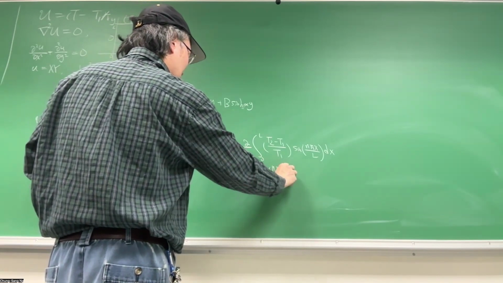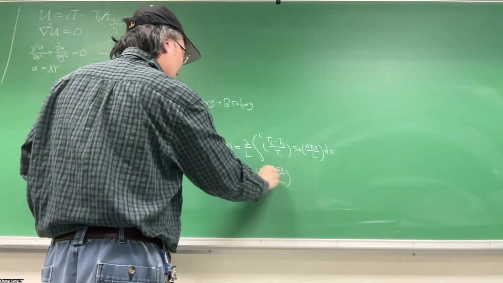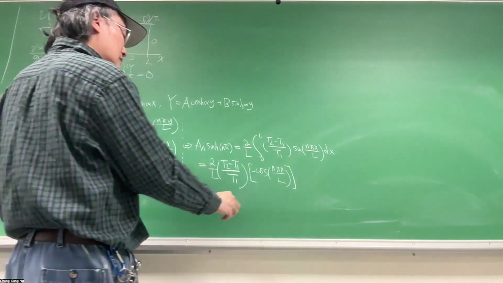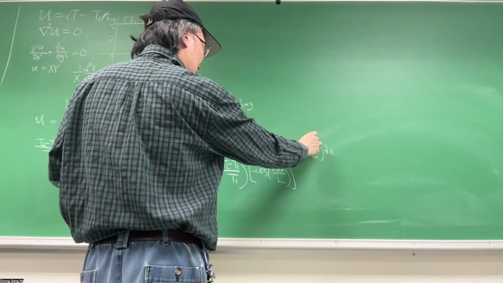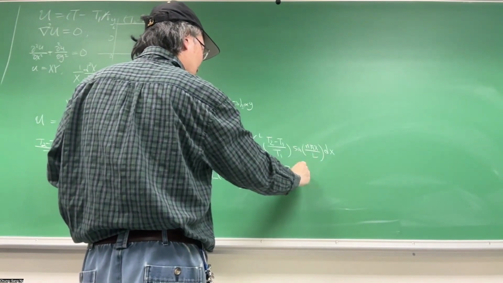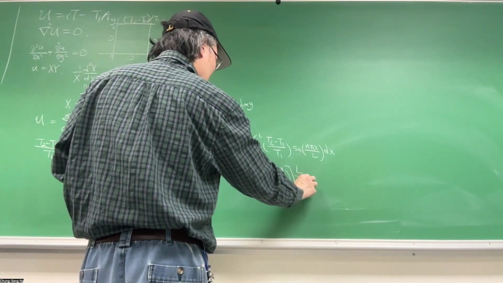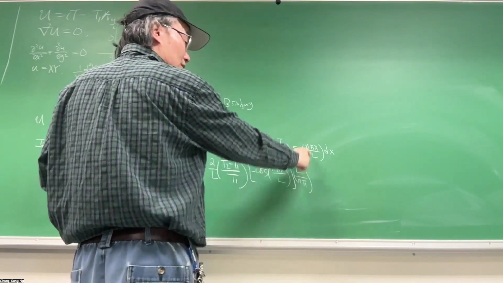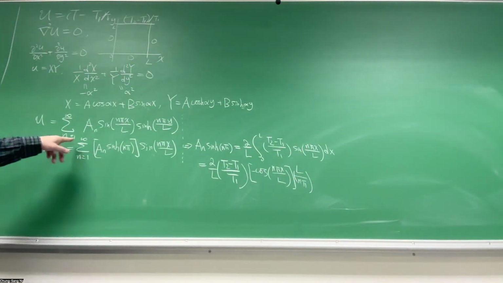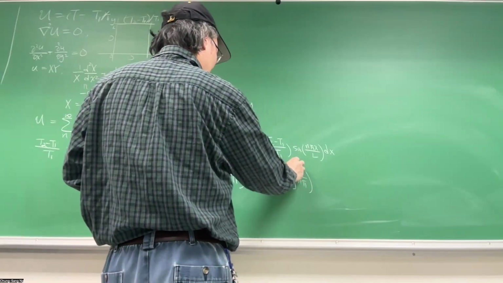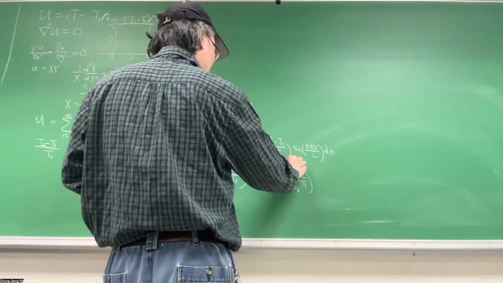It's actually negative cosine, and then divided by n pi over L. Yeah. Obviously, n is not 0 because we are summing n from 1. So that's fine. And now this is evaluated from 0 to L.